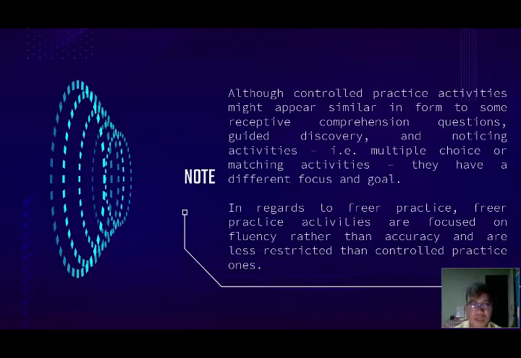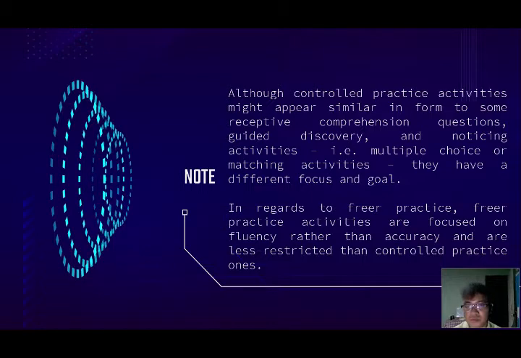Okay, so we have here a note. Although controlled practice activities might appear similar in form to some receptive comprehension questions, guided discovery, and noticing activities, for example multiple choice or matching activities, they still have a different focus and goal. Why?